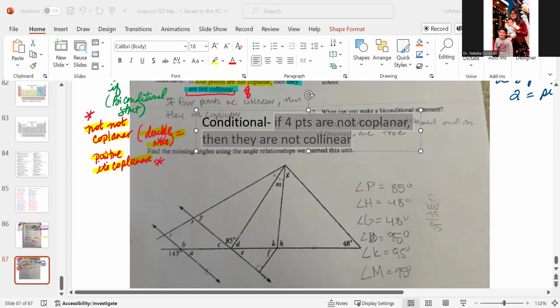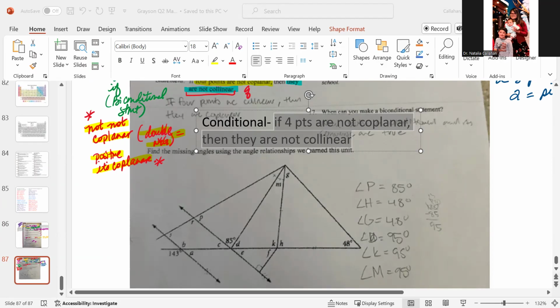Let's just check. You see how if I'm not sure, I just go ahead and check. Oh yeah, it says it right here. Given a statement, P is 4 points are not coplanar, so we don't change anything. Q is they are not collinear. So the statement is already in the form of a conditional statement: if 4 points are not coplanar, then they are not collinear. Does that make sense? The conditional is if P, then Q. Okay, so this is correct.